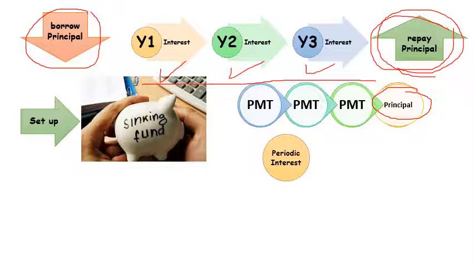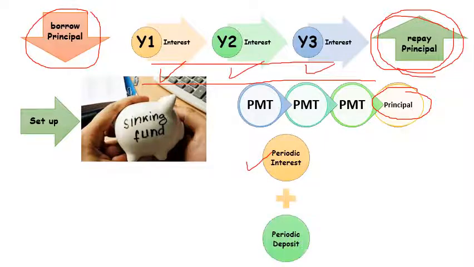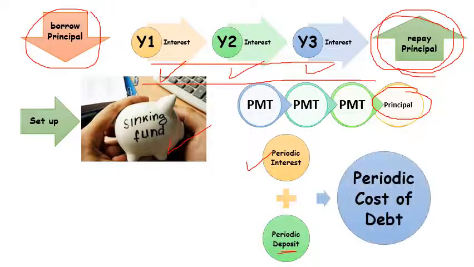So repaying a loan involves two transactions: the periodic interest on the principal and the periodic deposits in the sinking fund. So the periodic cost of debt consists of the periodic interest and the periodic deposits.